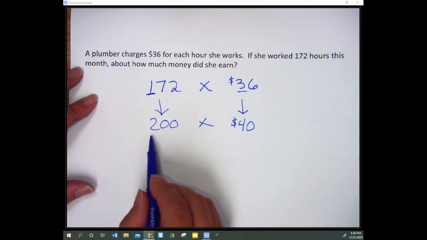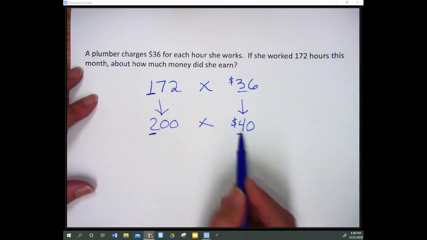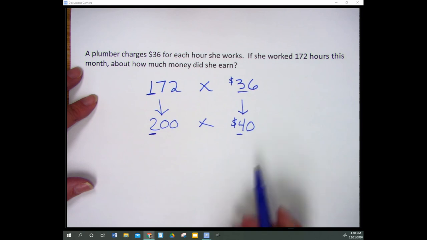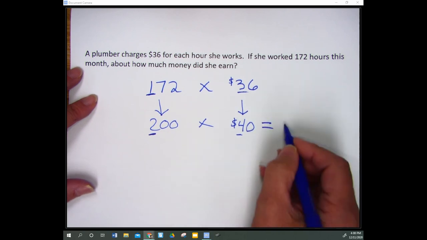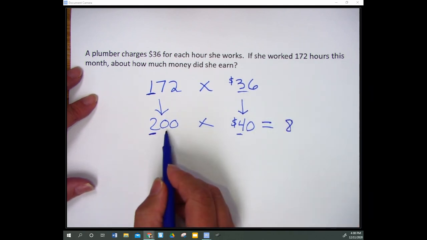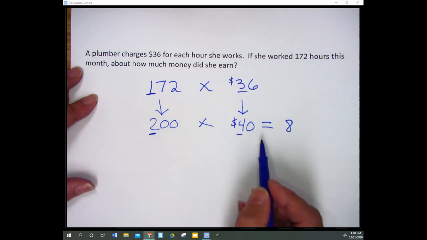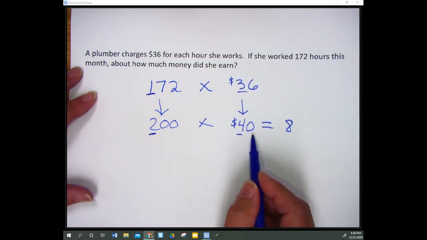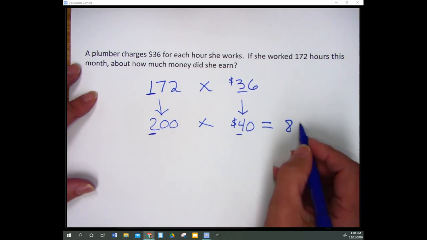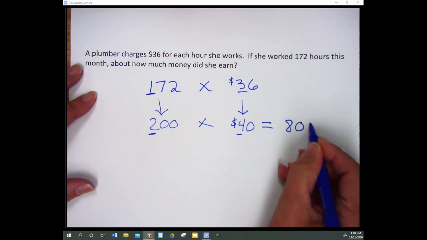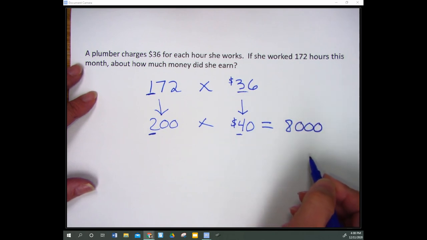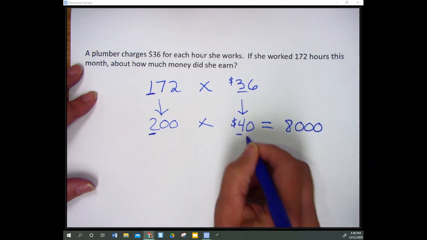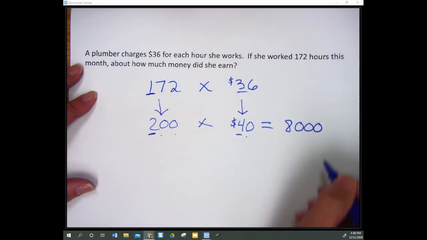I'm just going to do the 2 times the 4 first. 2 times 4, that's 8. Now I'm going to do the 100 times the 10. 100 times 10, that's going to be 1,000. I'm going to get 8,000. Now, notice 1, 2, 3 zeros in the factors, 1, 2, 3 zeros in the product.